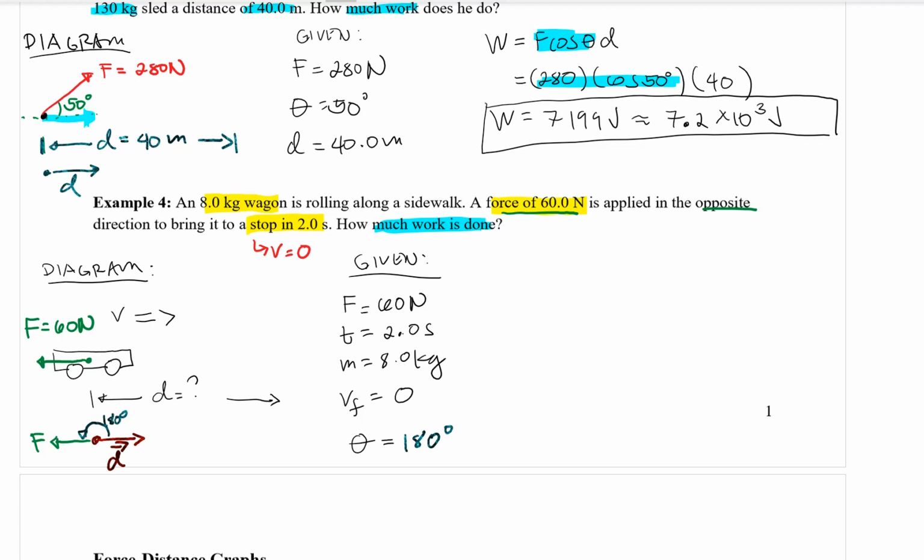Now for my solution, I'm going to start with the formula F cos theta d. F is given, that's good, and theta is also given, but d is a question mark, so you don't know d.